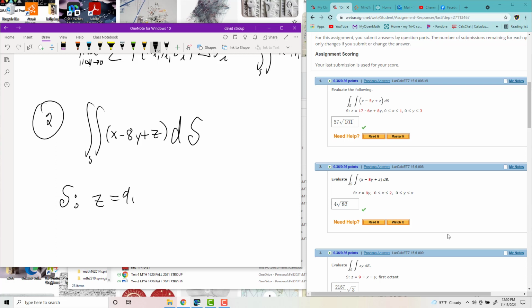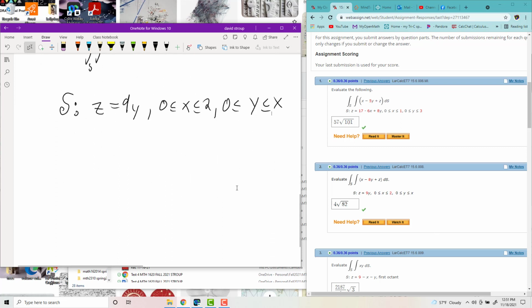Z equals 9y, and then we're restricting x from 0 to 2, and for y it's from 0 to x. Z equals 9y is just a plane, and then 0 to 2 and 0 to x is just this line. So we're integrating over this little triangle region.